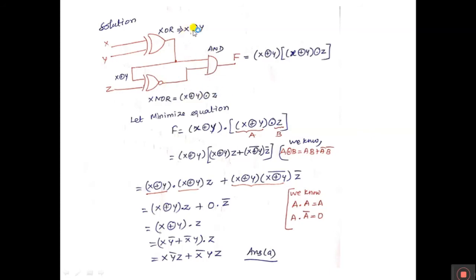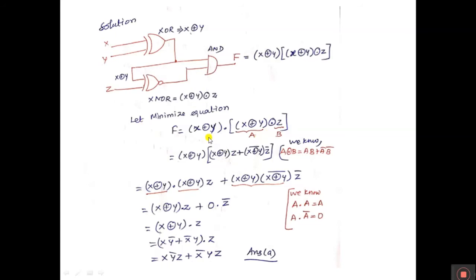So this output is XOR of Y, this output is XOR of Y multiplied with XNOR of Z. So these outputs are given as the input of AND gate. So AND gate, you just multiply these two. So now XOR of Y multiplied with XNOR of Z. That is NOR of this value. Right. Let us minimize this equation.